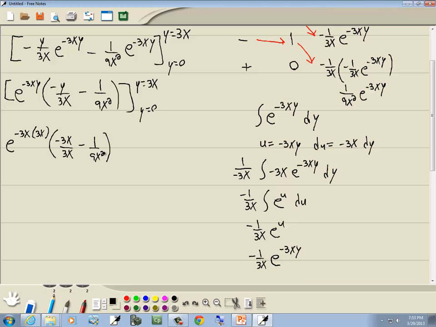Now notice the 1 over 9x squared doesn't change at all because it doesn't have a y in it. Minus, and again, we're replacing the y, so this becomes e to the negative 3x times 0 times negative 0 over 3x minus 1 over 9x squared.